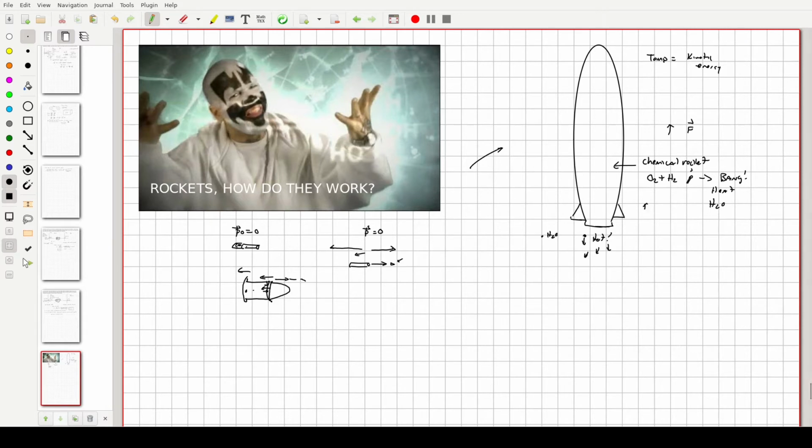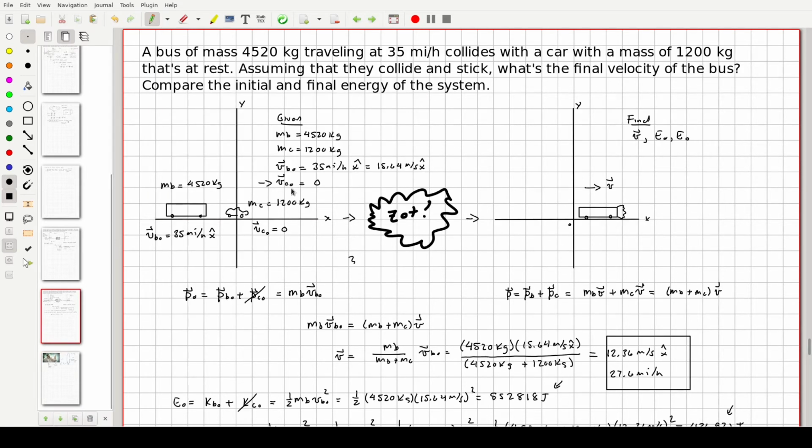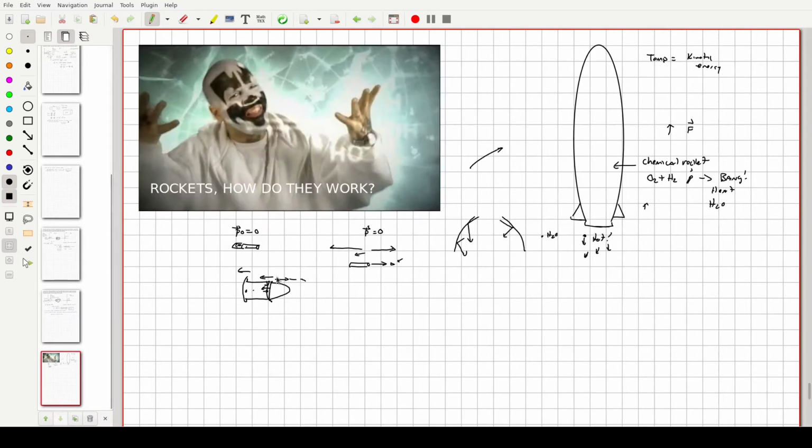And as a consequence, if you think of your rocket sitting at rest on a platform, these guys go flowing out the bottom, and as a consequence, the rocket recoils. So if you were to look inside the bell right here, as these guys fly out, they're colliding with the walls of the bell, and each collision is a lot like this, except it's elastic.